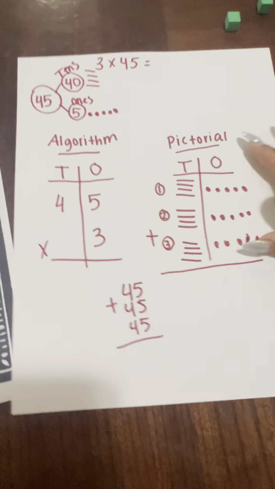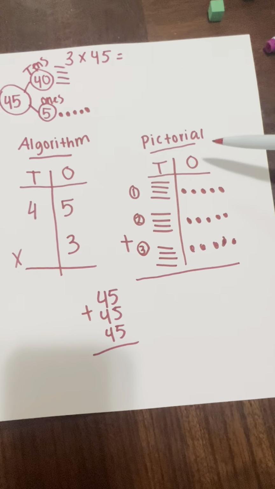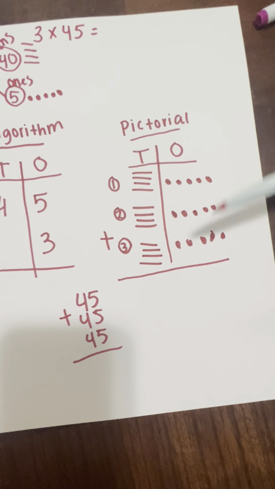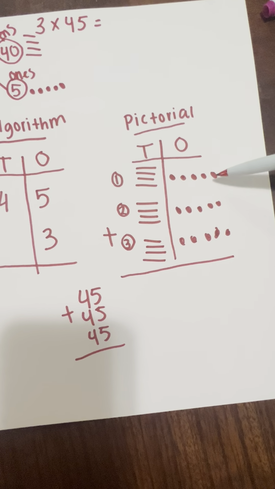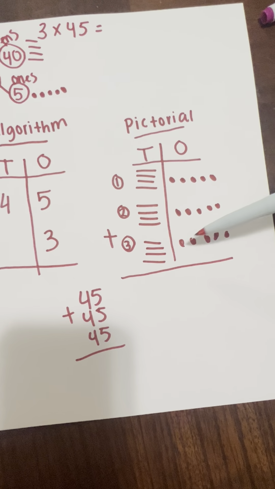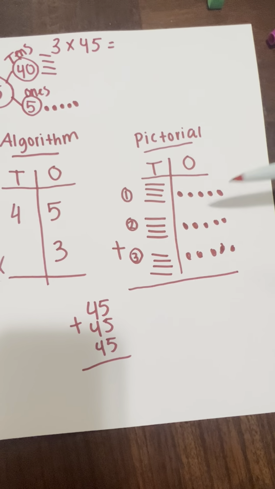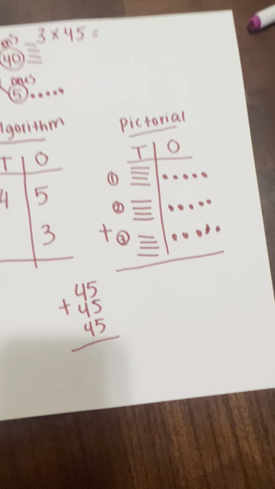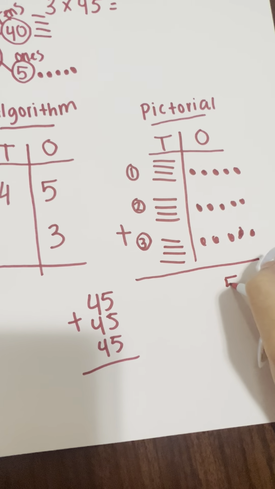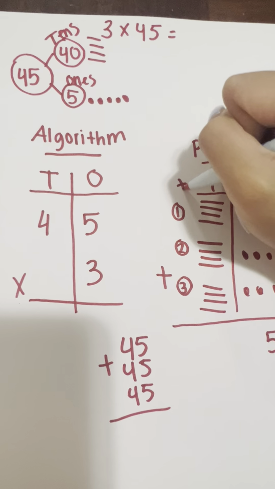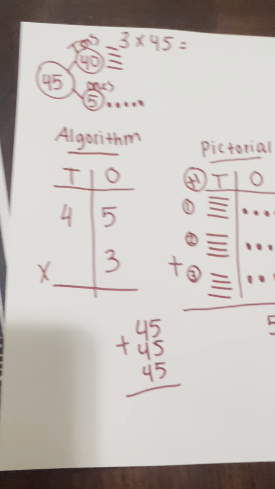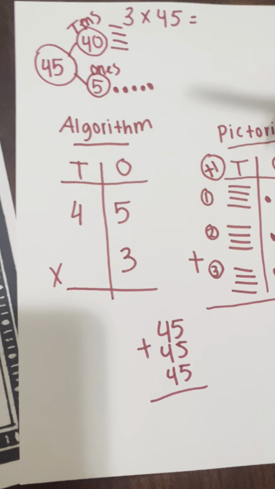Now when you add, where do you start? In the ones place. Let's count my ones: 1, 2, 3, 4, 5, 6, 7, 8, 9, 10, 11, 12, 13, 14, 15. Or if we know our multiples, we're going to go 5, 10, 15. 5, and then we carry our 1. Go back to my algorithm.